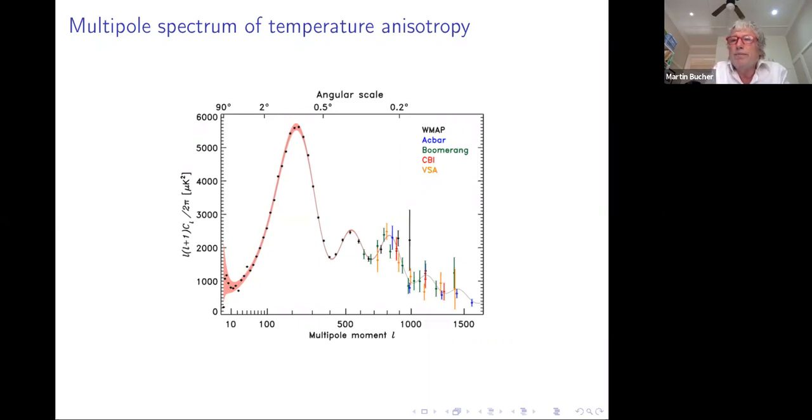So the thing that you should understand is that this is power per logarithmic interval. These are micro Kelvin squared. Sometimes people will take the square root, and there are different ideas how to plot this. But this plot highlights deviations from scale invariance.